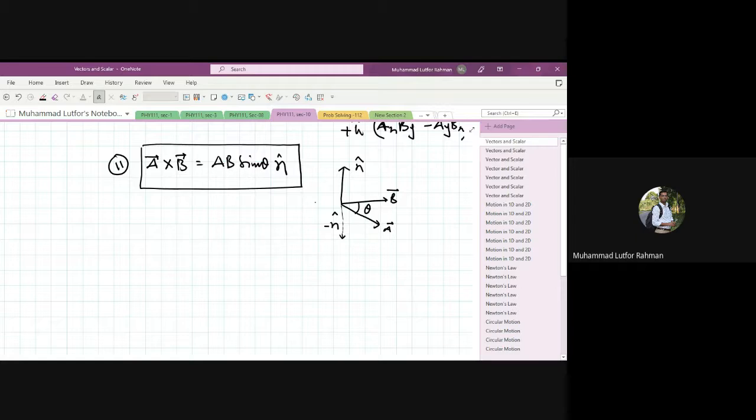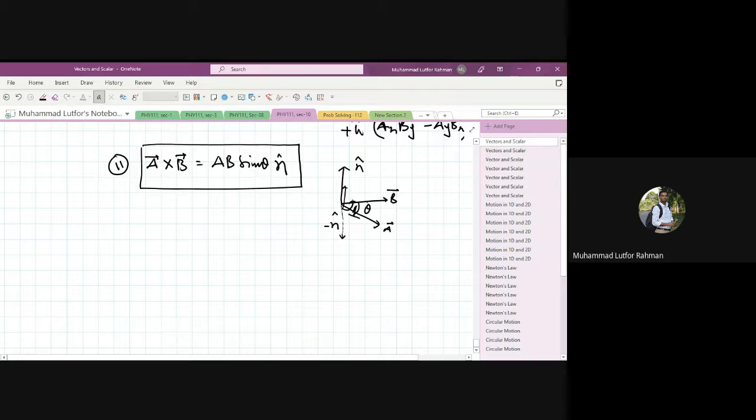Then your thumb will give you the direction of the resultant, that eta hat direction. So if you place your forefinger in the direction of the first vector and your palm towards the second vector, and rotate from the first to the second, your thumb would be in the upward direction. So eta hat would be over here, in the upward direction.